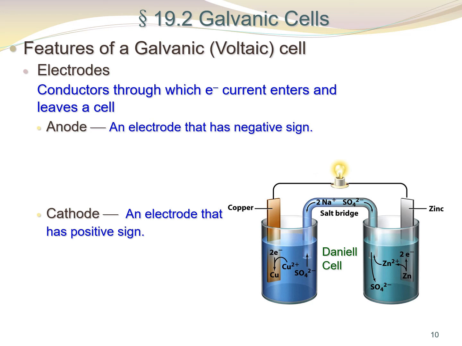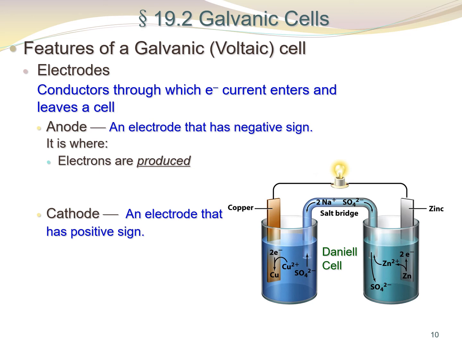Negative means this side has electrons coming out. Electrons coming out means electrons must be a product, as the reaction produces electrons.